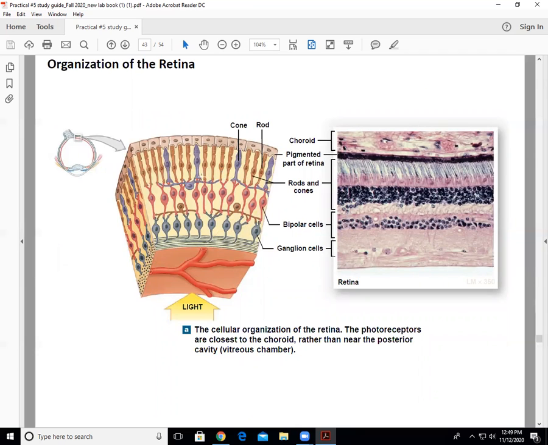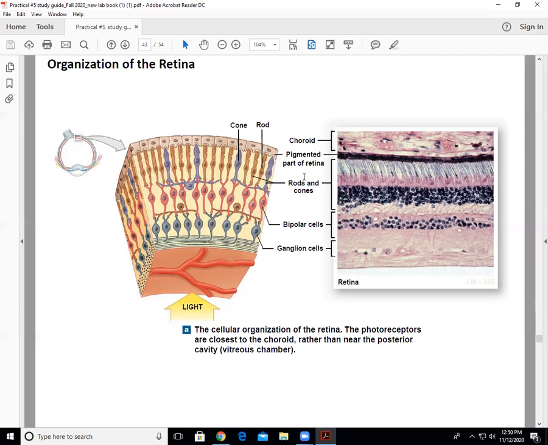So the retina. You've got your rods, which help you see in dim light, and your cones, which let you see color. Those communicate with bipolar cells. You can tell that because they have potentially two poles, projections on either side. Those connect with ganglion cells down here. That information about what you see goes to your optic nerve.